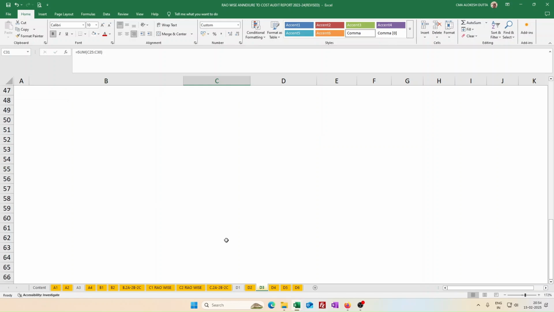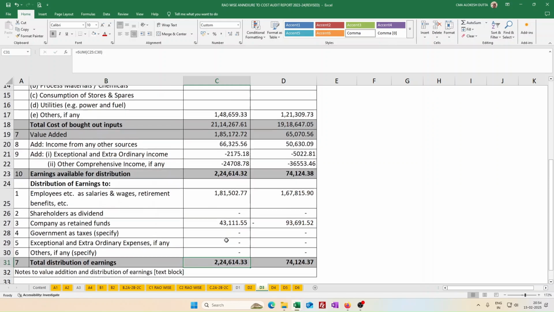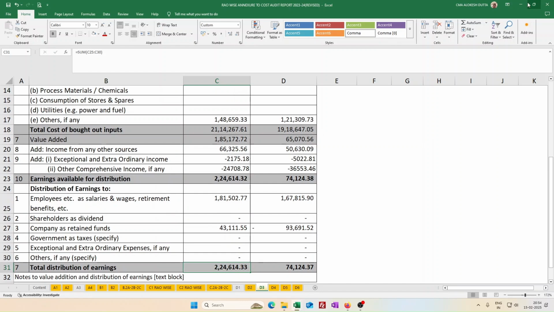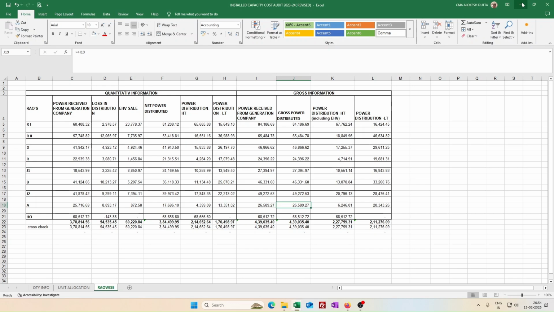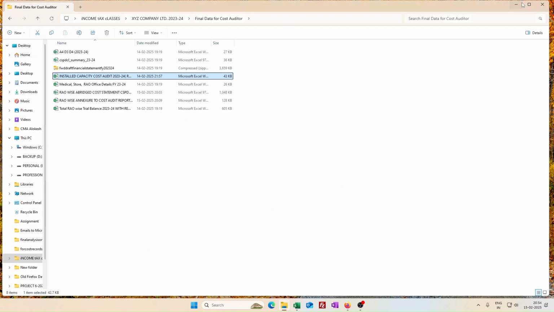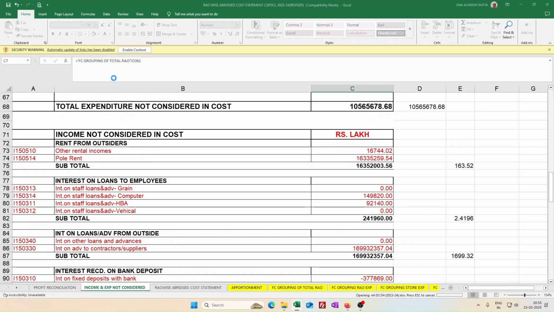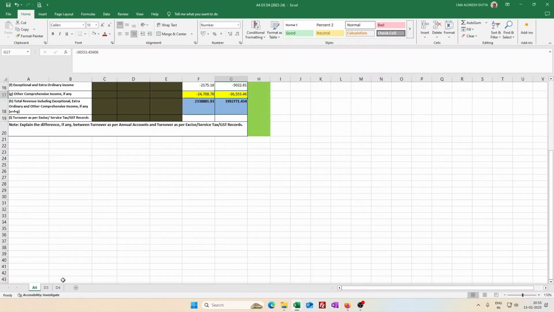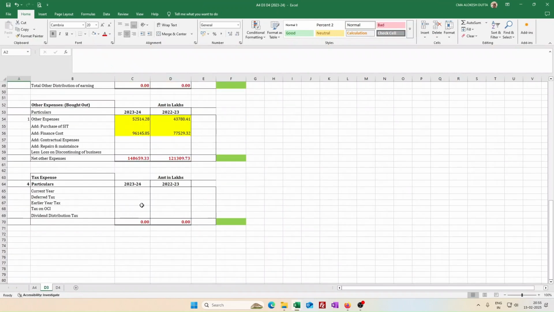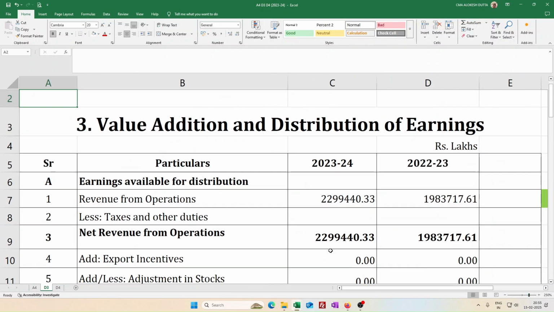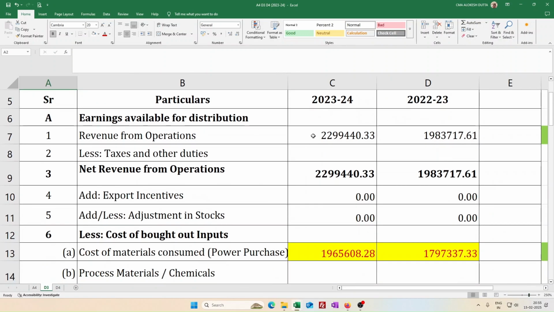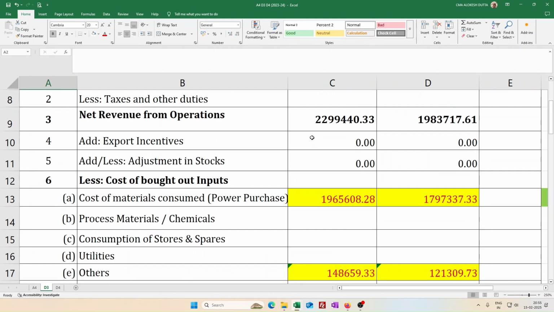And there is other formula also. I can show you how it has been prepared. See, this one has been prepared separately, because same figure has been kept there.